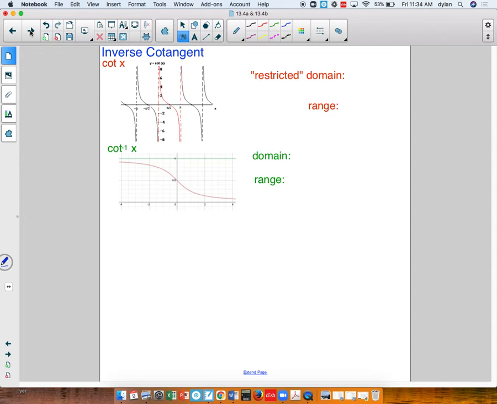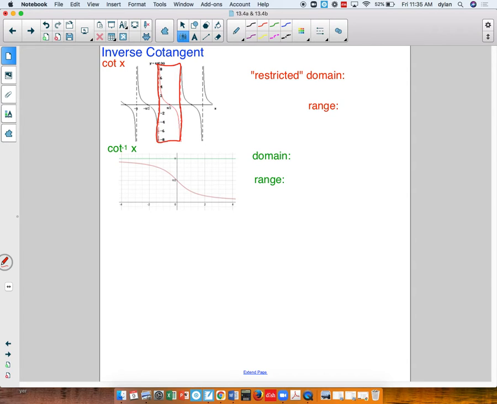We're going to start today by looking at cotangent first. So this is our cotangent graph. And again, we need to make this one-to-one, which means we need to restrict the possible domain for cotangent. Just like before, we're going to restrict this one using one cycle, so it touches every value and passes the horizontal line test.